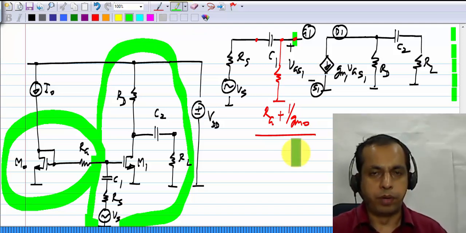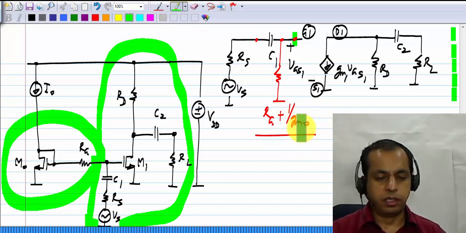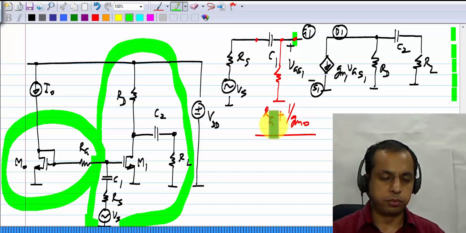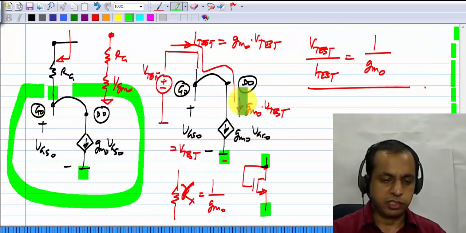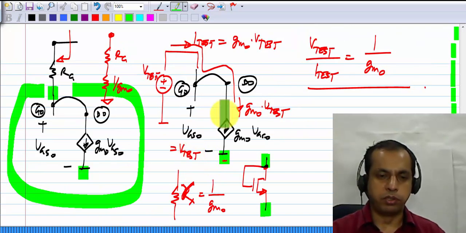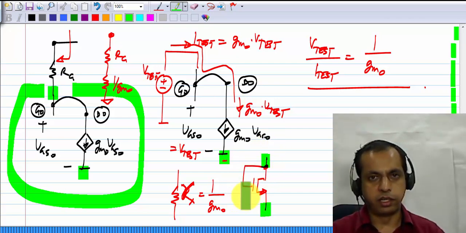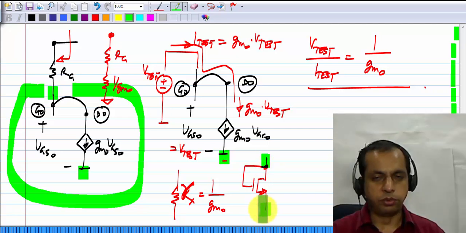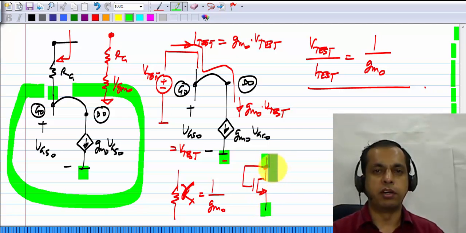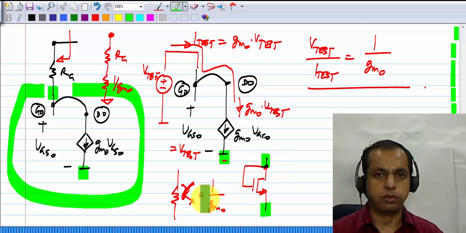Now in a practical common source amplifier, this 1 by GM0 is likely to be much smaller than RG, so it can be neglected. But still, this result itself is useful to remember because you will encounter this in many other situations. When you have a transistor in saturation with its gate connected to the drain, you will have these two terminals, and between them you will see an incremental resistance which is 1 over GM0.